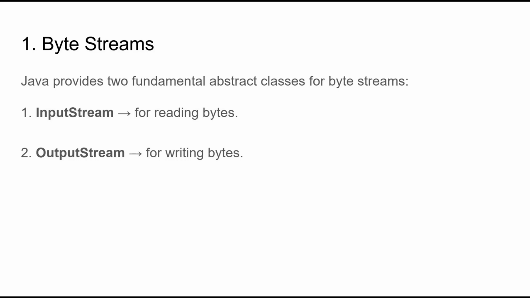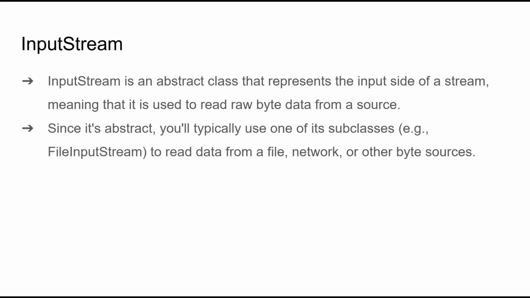Let's see one by one. InputStream is an abstract class present inside byte streams, mainly used to handle reading data. InputStream is an abstract class that represents the input side of a stream, meaning it is used to read raw byte data from the source.